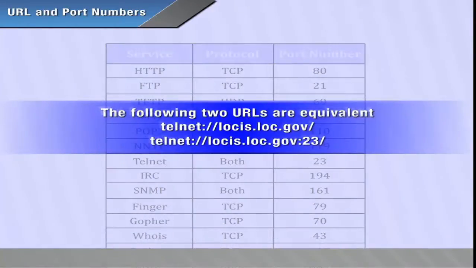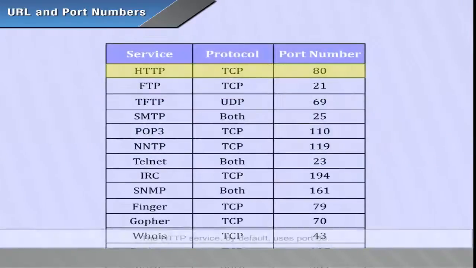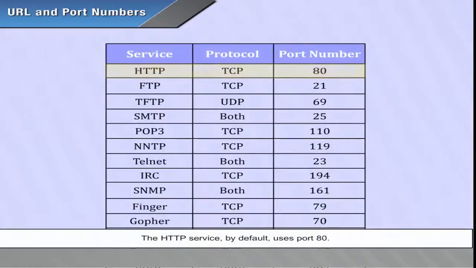The following two URLs are equivalent: telnet://locis.gov/ and telnet://locis.gov:23/. The HTTP service by default uses port 80. Similarly, the Gopher service uses port 70.